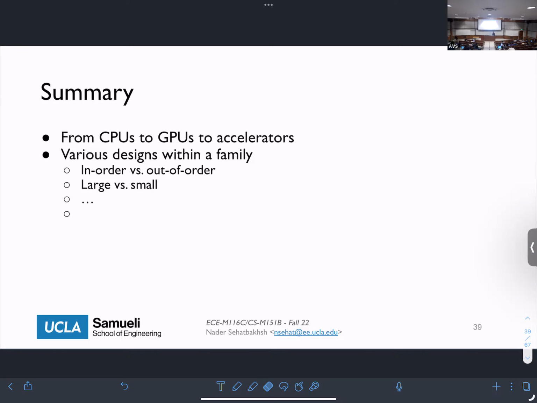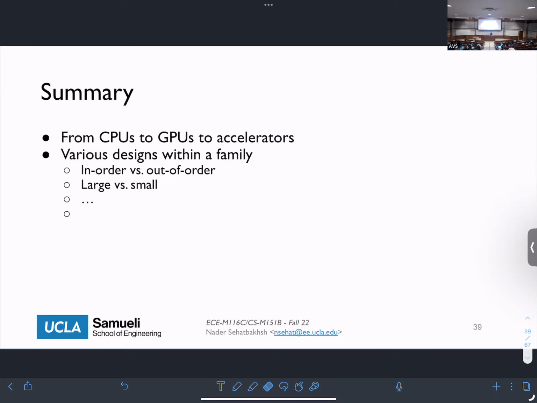We talked about GPUs, and we talked about specialized accelerators, for example, for machine learning applications and matrix multiplication. Within each family, we also have different options, right? We can have in-order versus out-of-order. We can have a really, really large accelerator versus a really, really small accelerator. So all of these things depend on what you need in your systems. If you pay more, you're going to get a better system, okay?